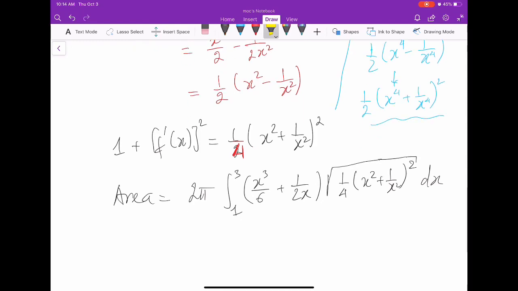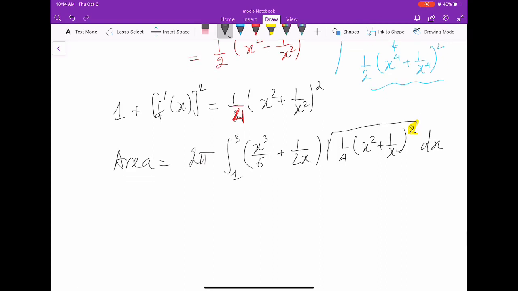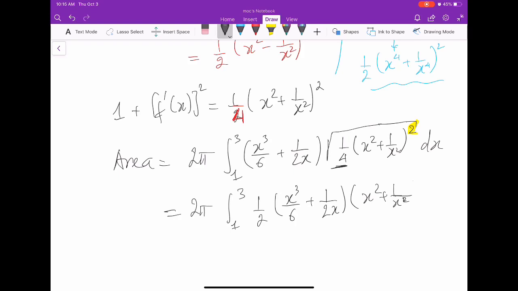Again, you have a square root and a square that will cancel out. So I have 2 pi integral from 1 to 3, 1/2, because the square root of 1/4 is 1/2, times x cubed over 6 plus 1 over 2x, times x squared plus 1 over x squared dx.